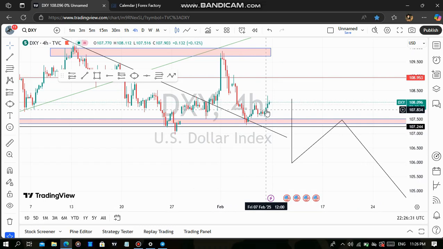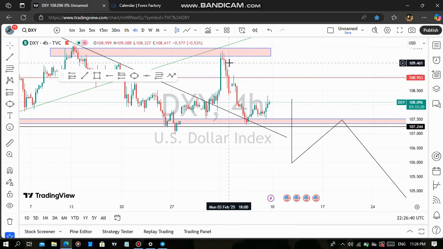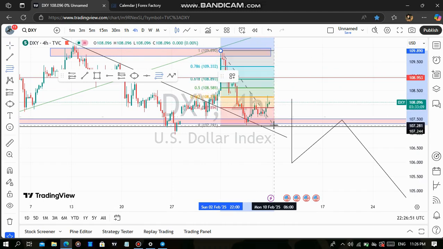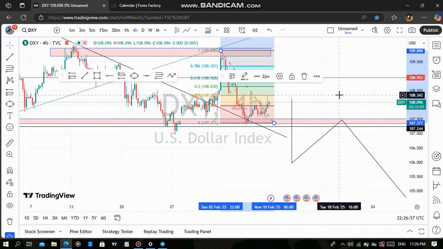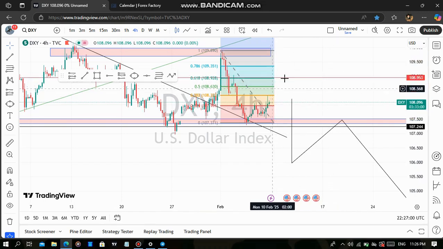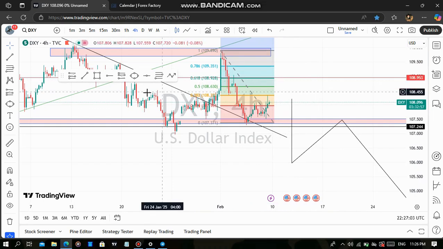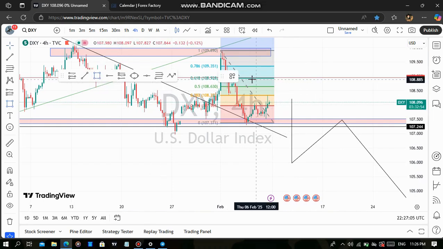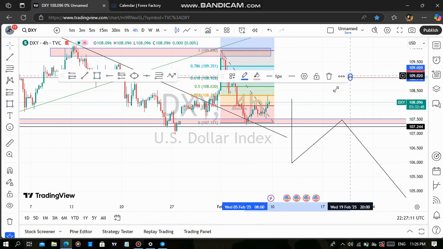Another reason why I can take a sell trade above this support is if I have rejection on my Fibonacci. So this last created high, and I bring it to the last created low here. Okay, which takes me back to my last Fibonacci zone. So very good.